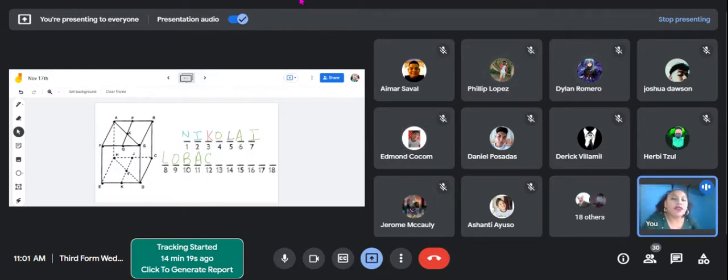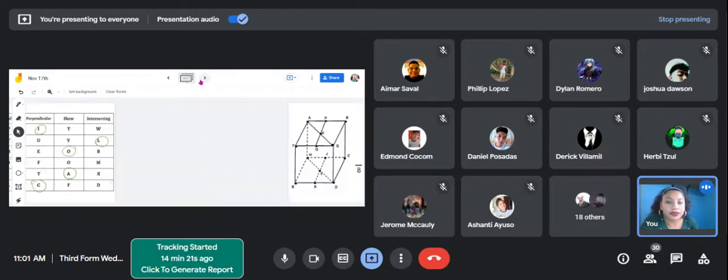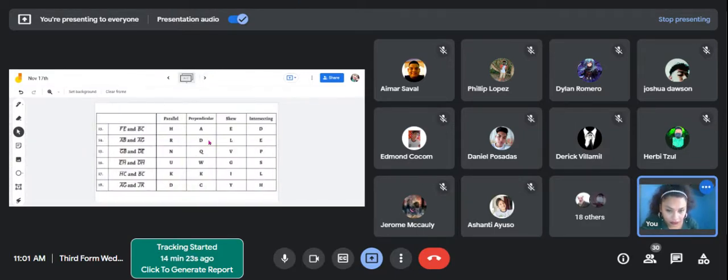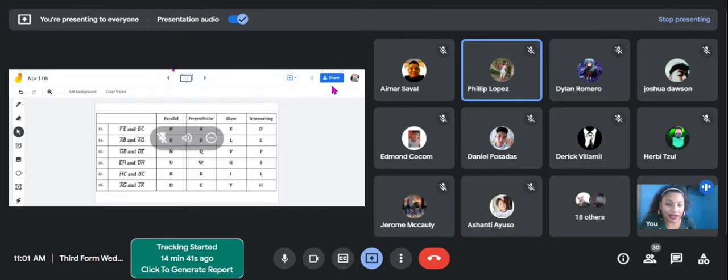So there's 6 of them left. I'm gonna give you guys about 6 minutes, and I want you to do these 6. Just look at the question and tell me if it's parallel, perpendicular, skew, or intersecting. If you have done them, that's good.